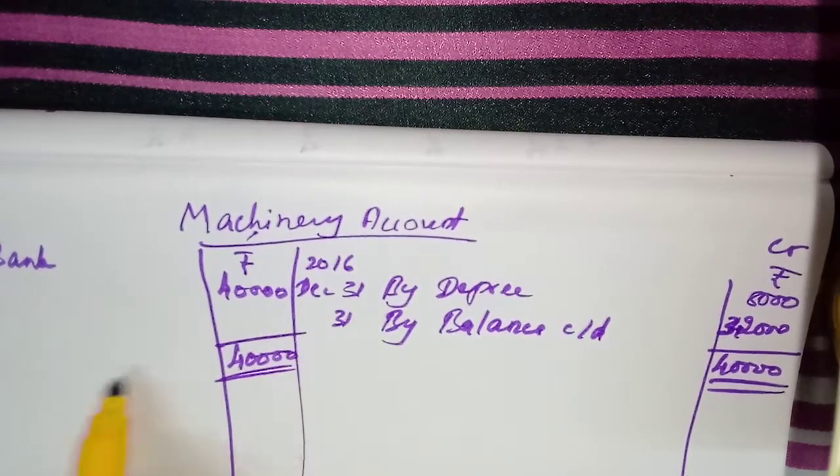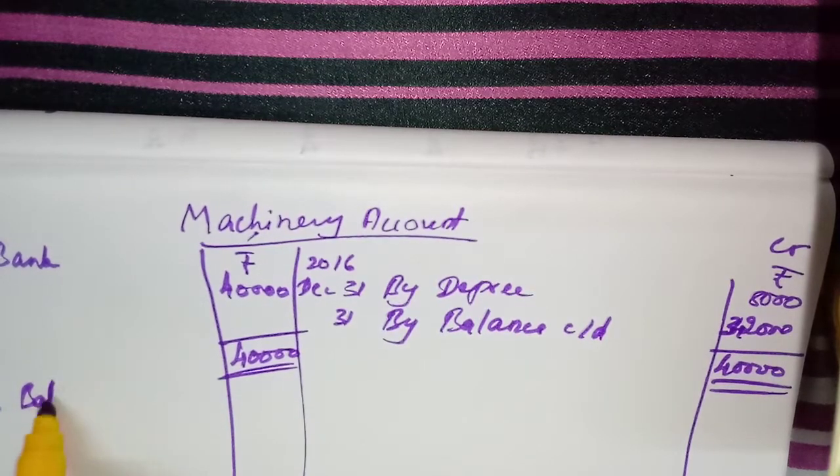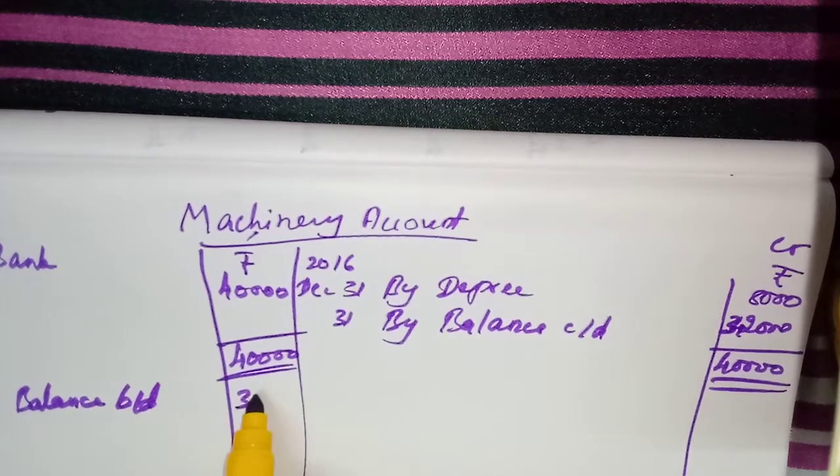Then we need to bring this to the next year, next date 2017 January 1, to balance brought down, 32,000.